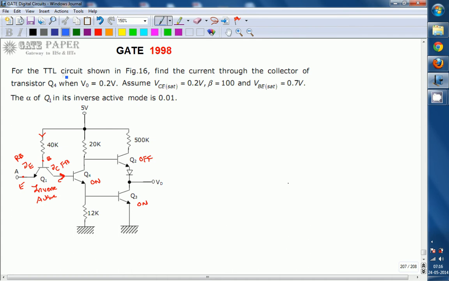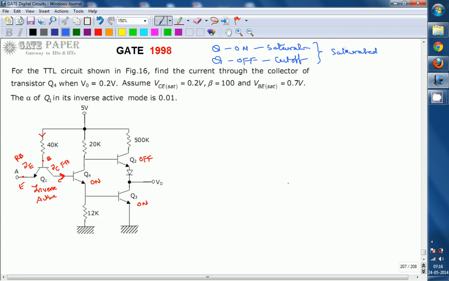A saturation logic family means that whenever a transistor is in the on condition, it will be in the saturation region, and whenever a transistor is off, it goes into cutoff. These are the characteristics of a saturated logic family.